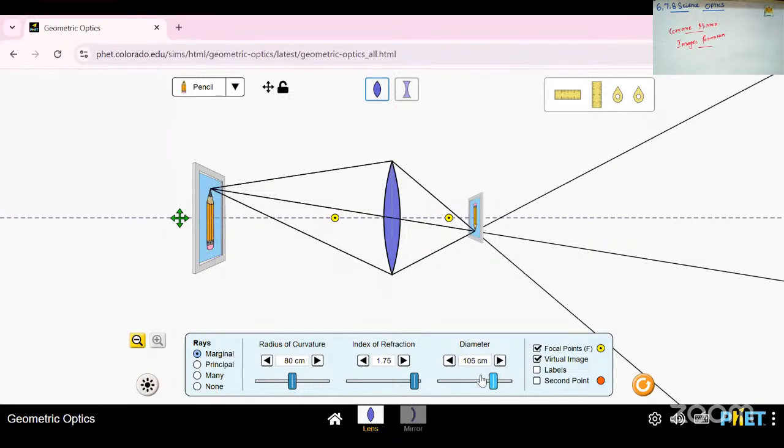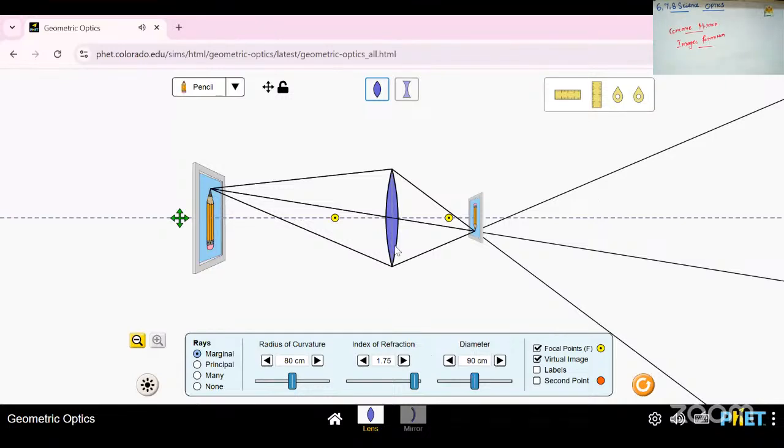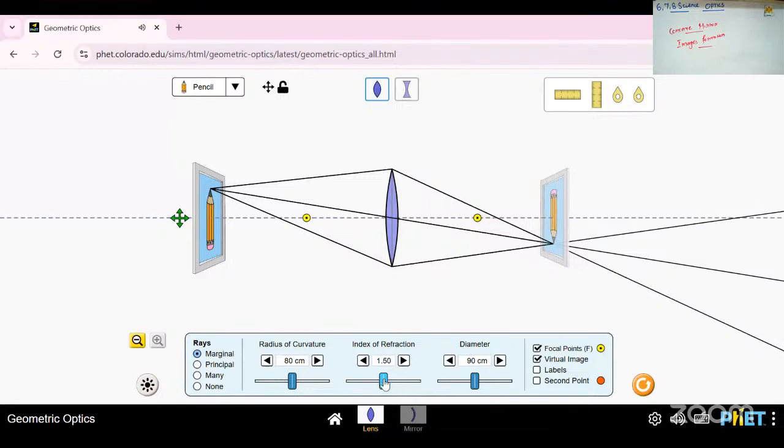When we decrease it to 65 centimeter, the size of the lens is very small. So I adjusted this to the right structure of the lens. 90 centimeter is the right position. So the index of refraction is also 1.50. So this is the right image for that 80 centimeter radius of curvature.